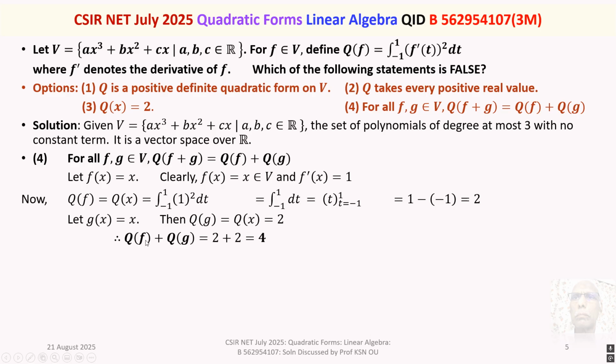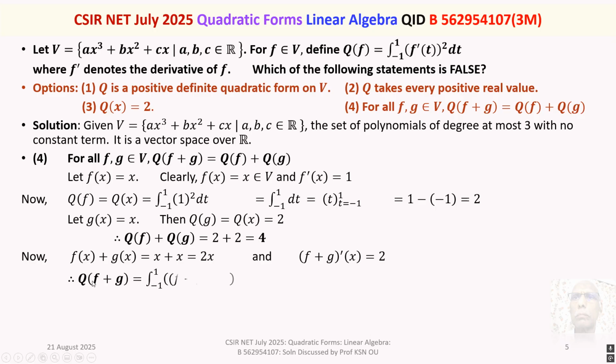Now, Q of f plus Q of g, in our case, will be 2 plus 2 is equal to 4. Now consider f of x plus g of x, that is x plus x, that is 2x. Its derivative is 2. Now, the quadratic form of f plus g is integral minus 1 to plus 1, f plus g prime t whole square, that is integral minus 1 to plus 1, 2 square dt, that is 4 times integral minus 1 to plus 1 dt, which is 2.